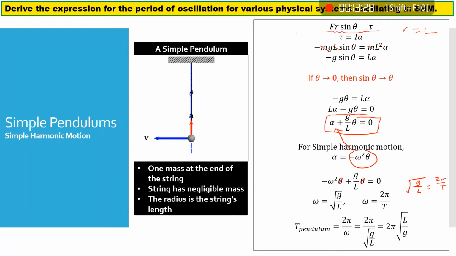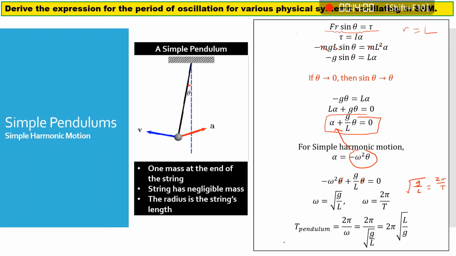Okay, just to verify, what is my L? L is the length of the string. What is T? T is the period. Can you give me another word for that, or explain what the period is? It's time taken for one rotation.